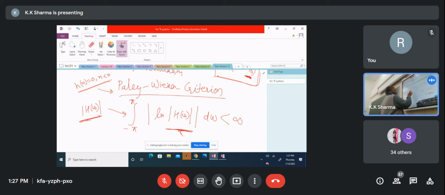That means you can always associate with this some phase function so that this H(omega) is causal. Understand the Paley-Wiener criterion? It is the frequency domain condition for physical realizability of the given filter.